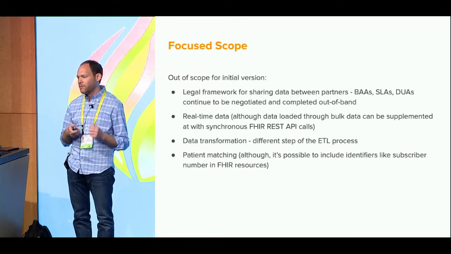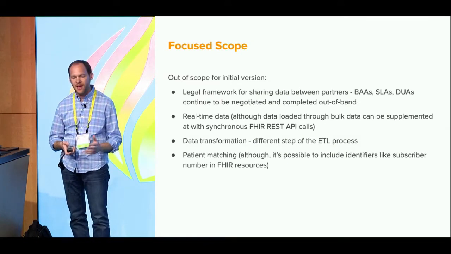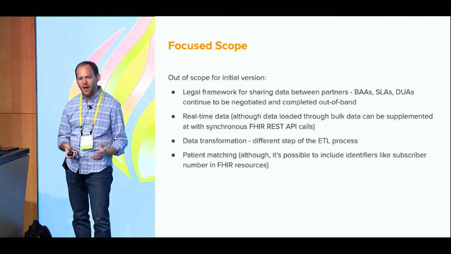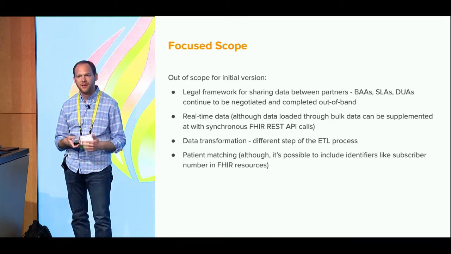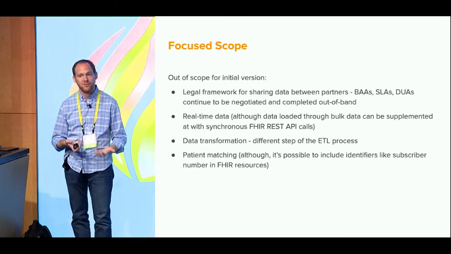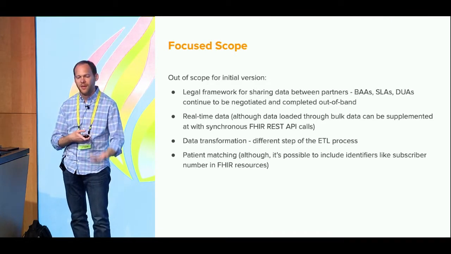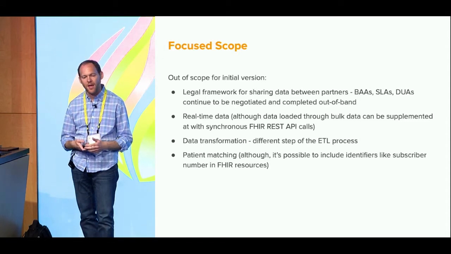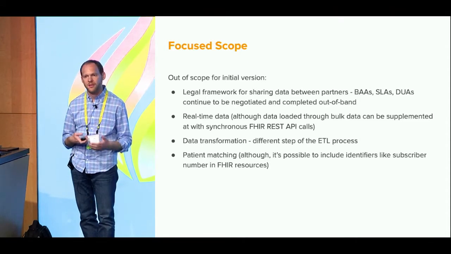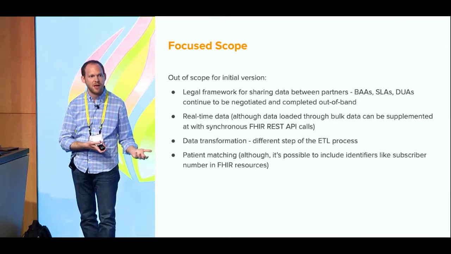And so, when we started this project, we decided that a few things were out of scope. I think it's worth reviewing those because a lot of these are important problems that still need work. We just decided that they're not necessarily part of a bulk data API right now. The first piece is a legal agreement, the legal framework for actually sharing this data.